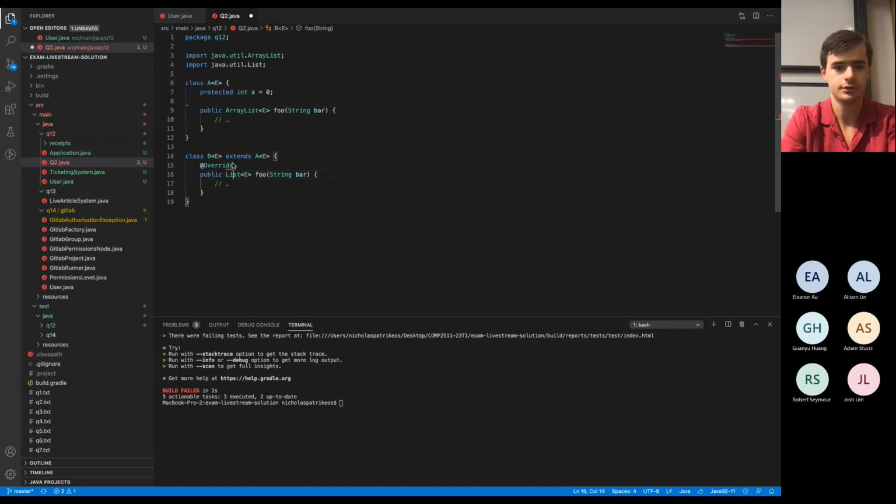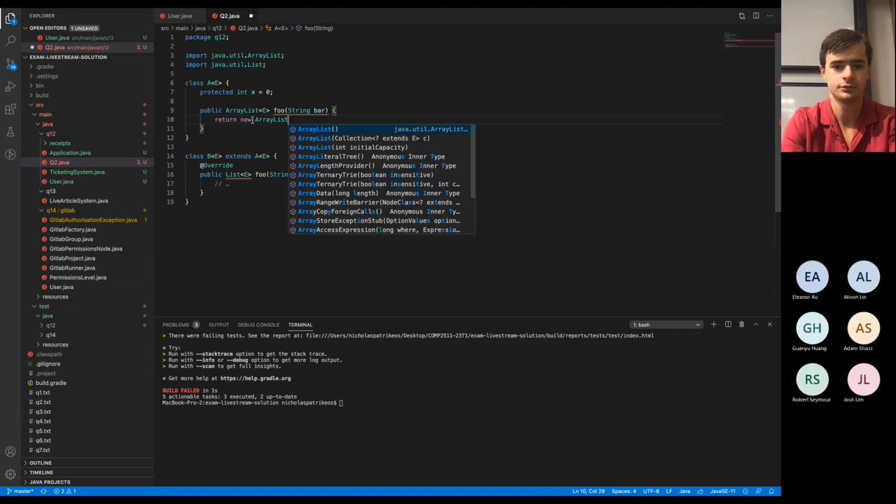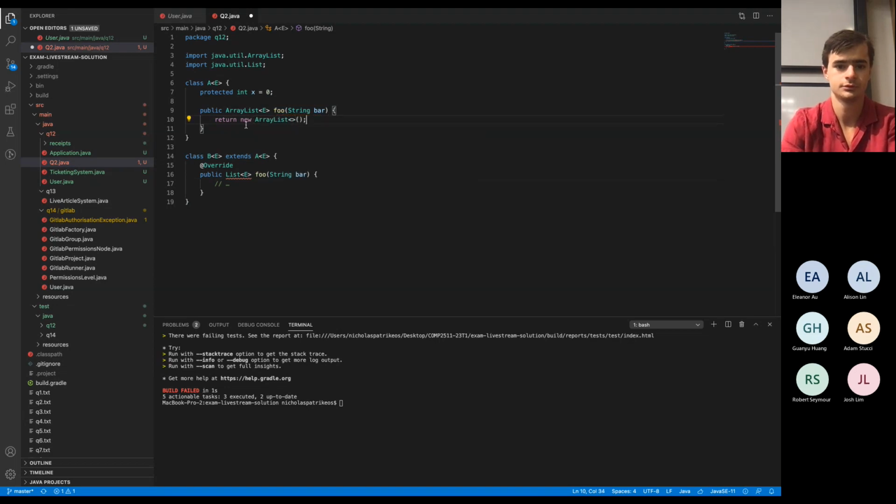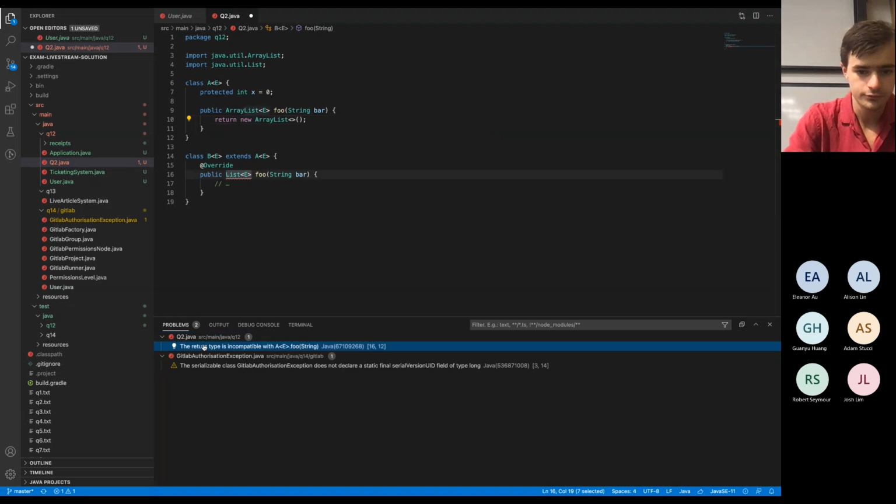This is problematic. Okay. Let's just make this return new array list. Now, it looks like it's not compiling. If we go to problems, then this is an error, not just a warning. So this code isn't going to compile if we try to run it.